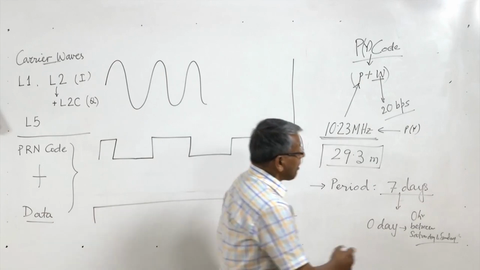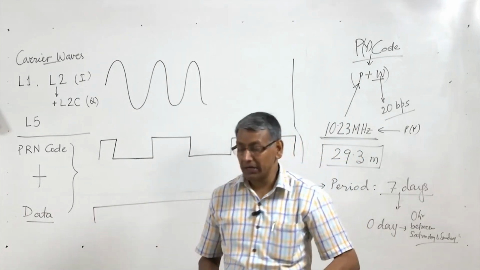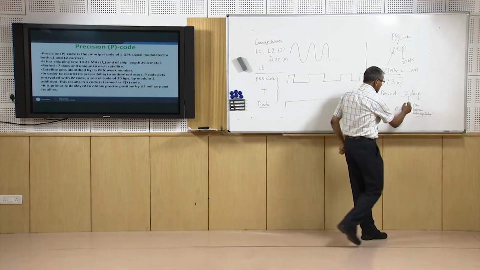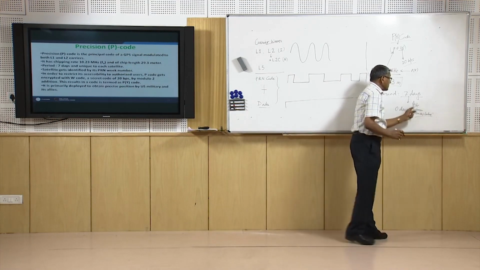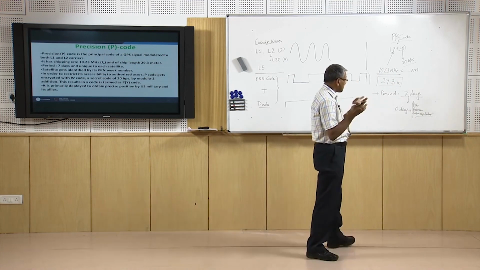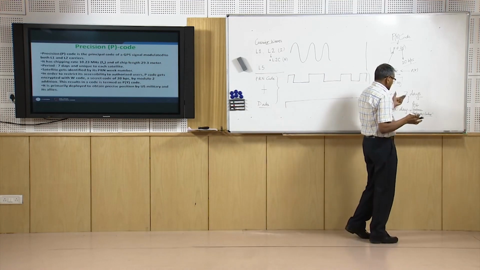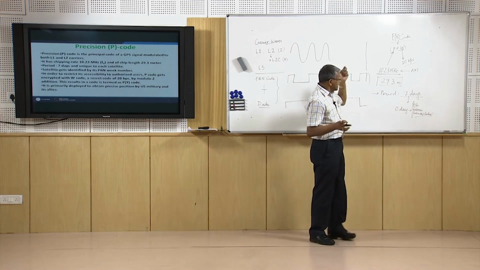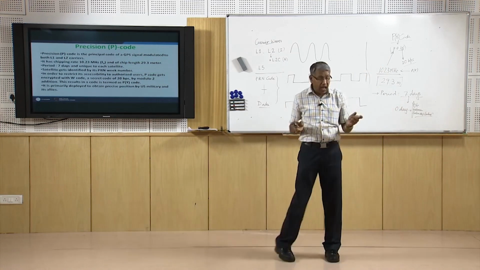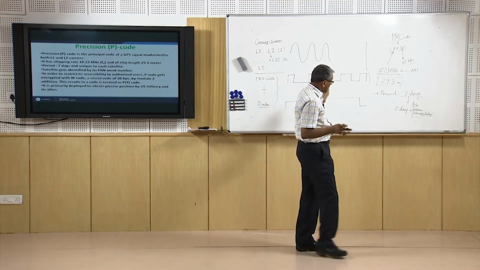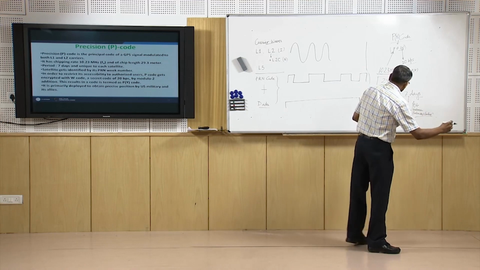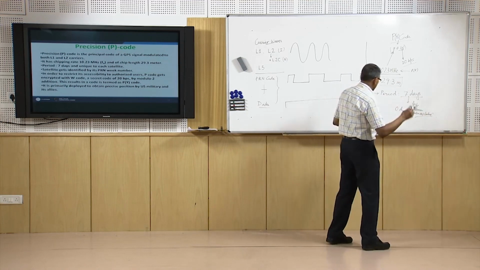So 0 hour, and generally we say it like 12 hour at night, which is the 0 hour. 0 hour from Saturday to Sunday, that means 0 hour of Sunday is the time when the P code starts, and the code continues and again it restarts at the next 0 hour of Sunday.